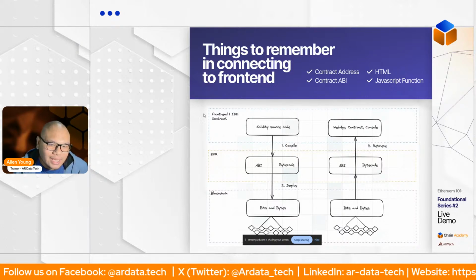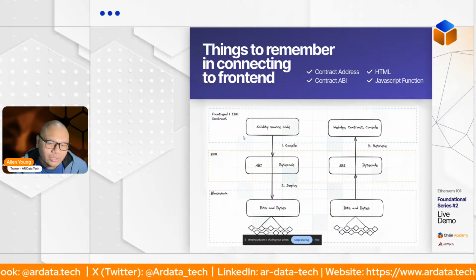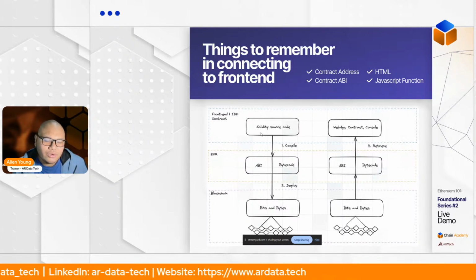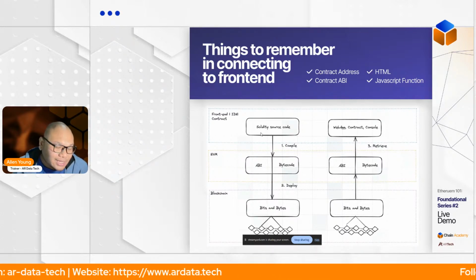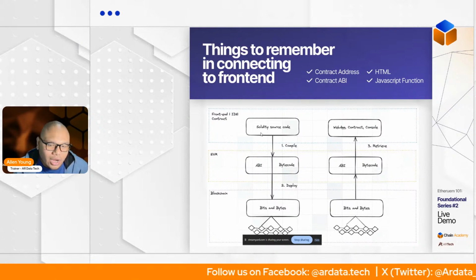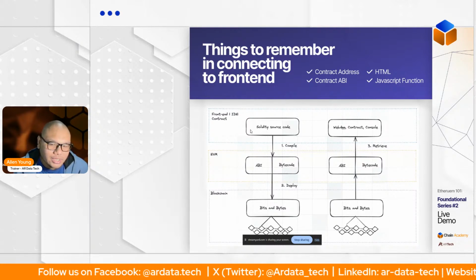So this is what the ABI is doing in our code. On our front end side, we will have our Solidity source code. And of course, we have our HTML. So our HTML connects to the JavaScript, which will connect through a medium to our smart contract. And through Solidity code, we will deploy our code on the blockchain system.